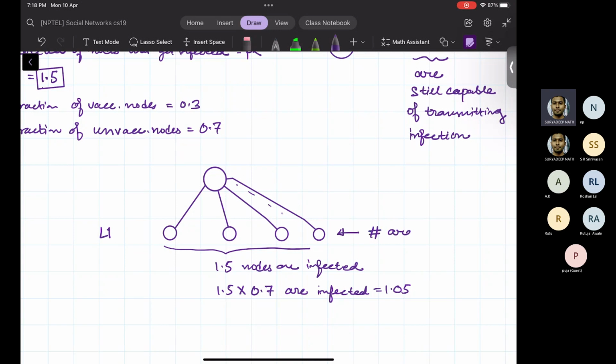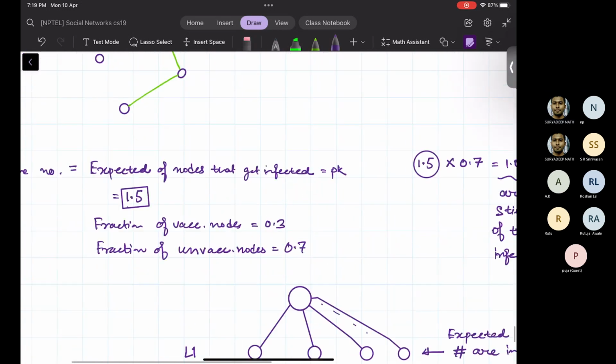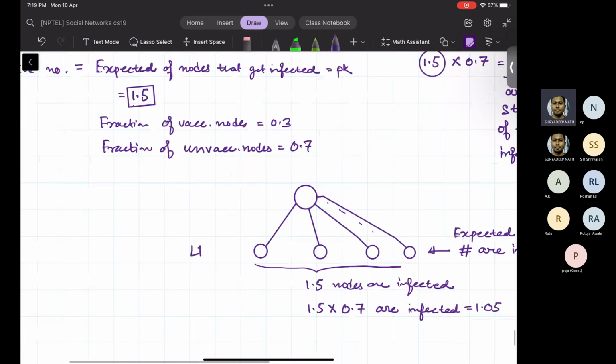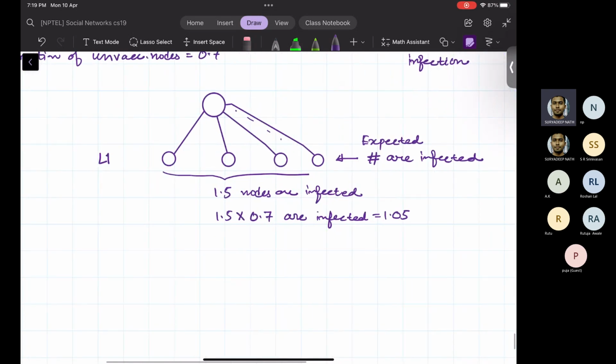So basically what the reproductive number is in this branching process is the expected number of nodes that are infected in level 1. That is the answer for the reproductive number, and therefore they are doing this 1.5 into 0.7.